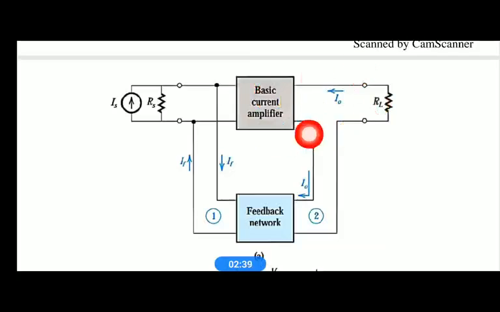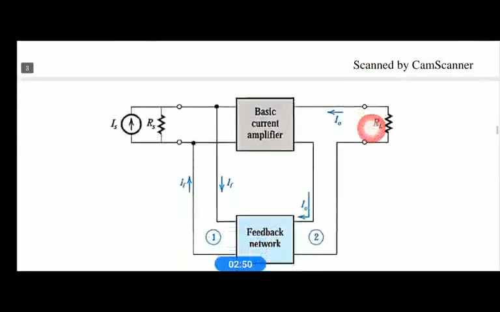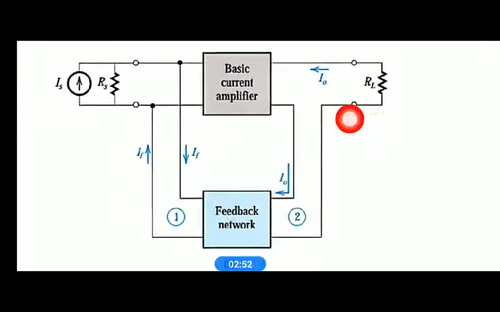In this topology you can see the feedback network connected at the output is in series, and the feedback network connected at the input is in parallel.